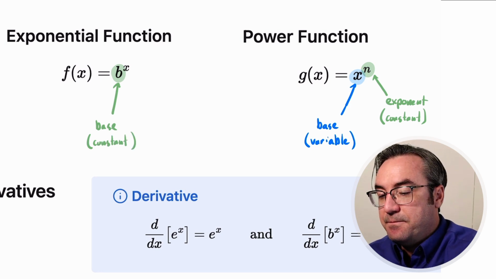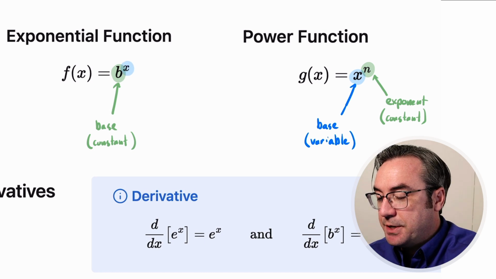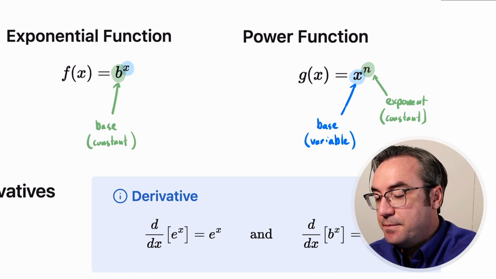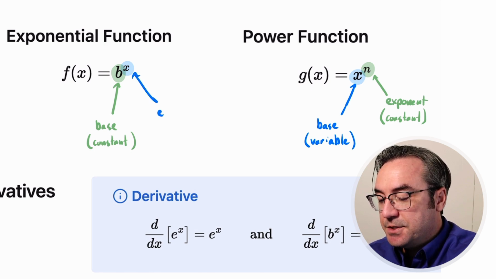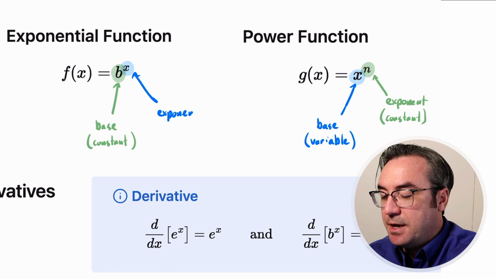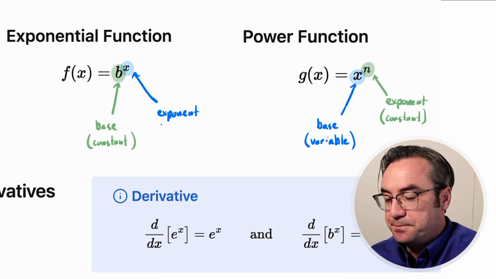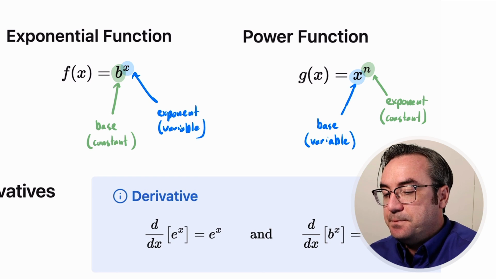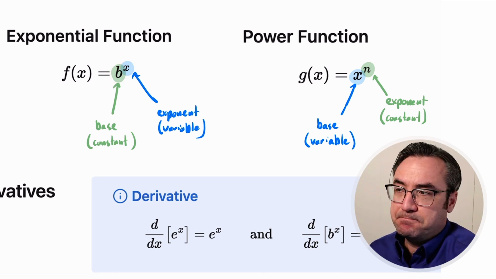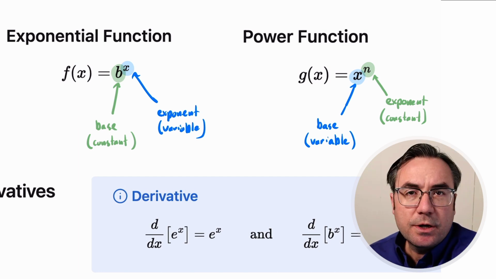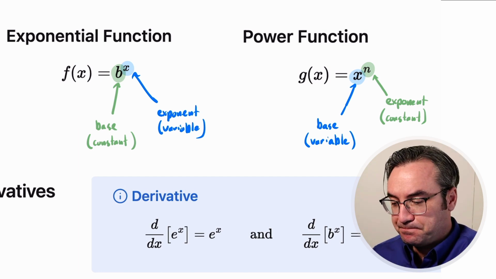And our exponent term is going to be a variable. And this is why we call it an exponential function, because the exponent is a variable. So this is a different type of function, and we're going to look at some different examples of it.